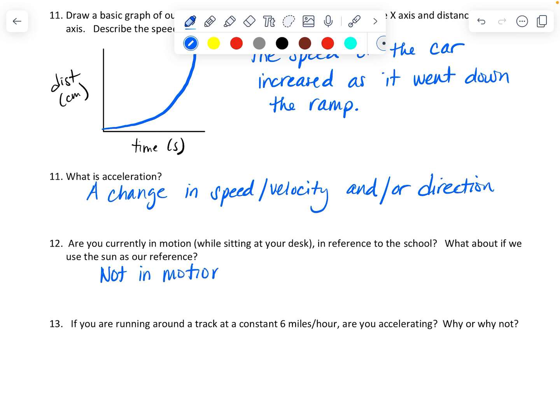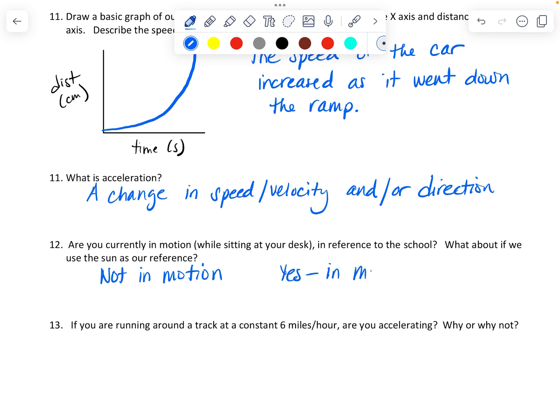But if we use the sun as a reference, yes, you are in motion because the earth, which we are on, is revolving around the sun. So we're moving in that fashion, but not in reference. The reference is the key part.